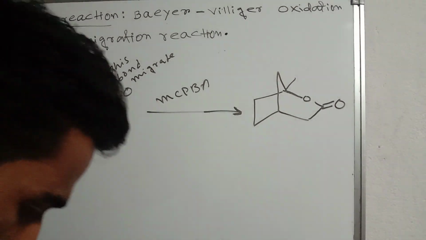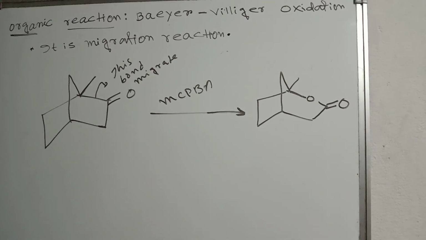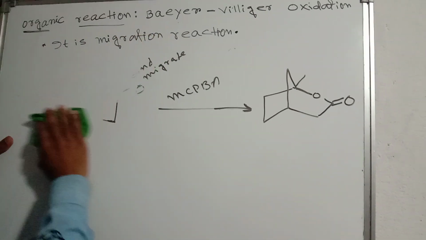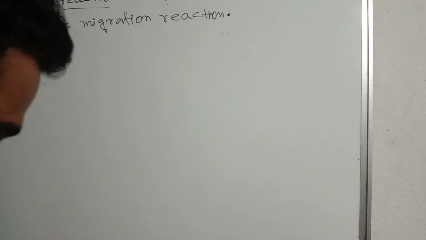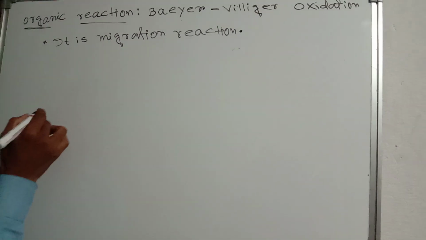Now one exceptional case will occur here. Let us see the exceptional case. This exceptional case is important from the point of view of NET, GATE and also JAM examinations. Please note this exceptional case.